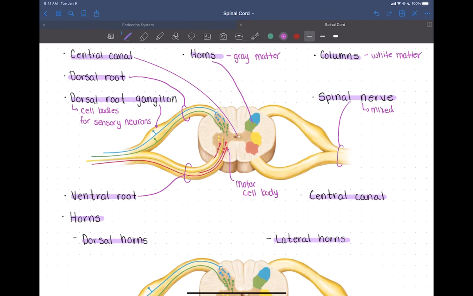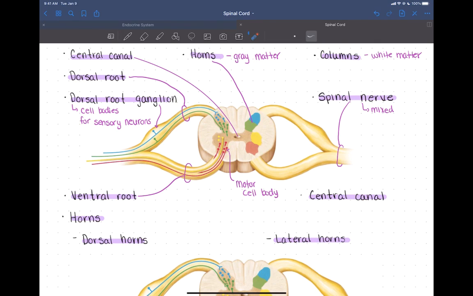So it sends it out of the front of the spinal cord ventrally, travels through the ventral root, and then leaves through this spinal nerve. It'll leave the vertebral column and go out to its muscle. So that's how motor and sensory are organized. Motor travels through the ventral side, through that ventral root, from the ventral horn in the spinal cord. And sensory travels through the dorsal side with the cell body being in the dorsal root ganglion.